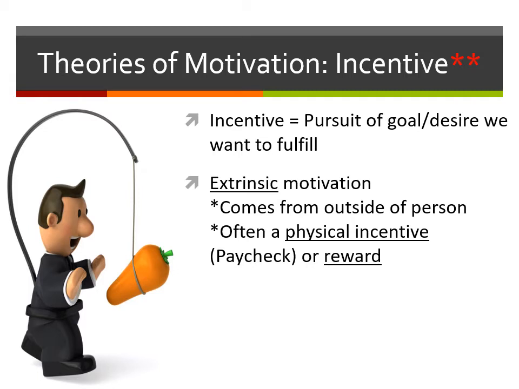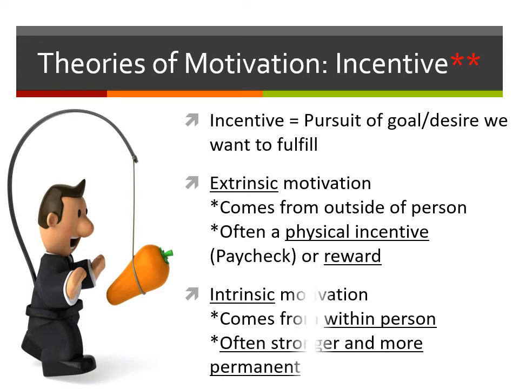So that means we are pushed toward a behavior by something outside of us. So for example, usually, and this is going to be true in your adult life, a paycheck is an extrinsic motivator. Gold stars for good grades, reward money for turning in a wallet, whatever, right?